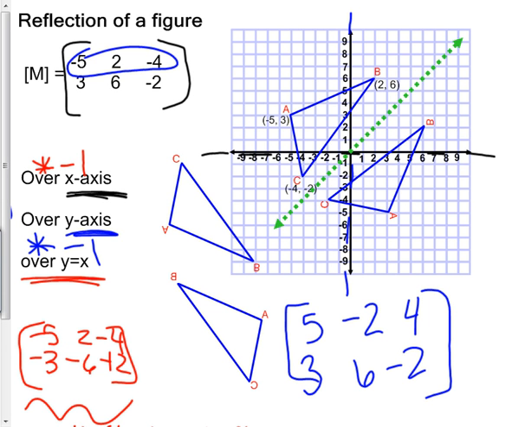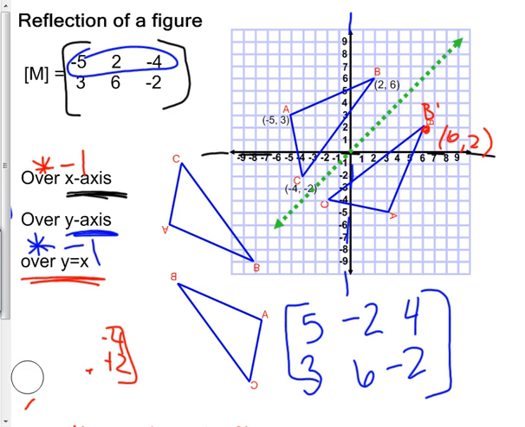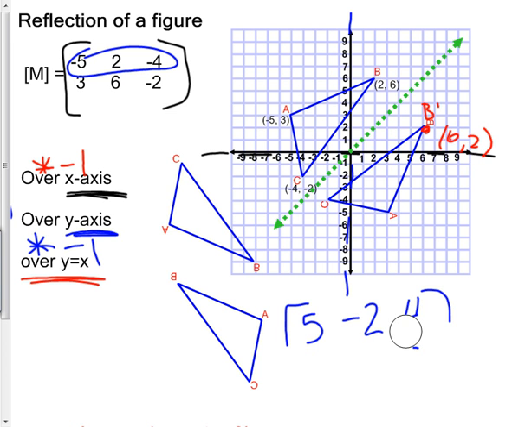So let's look at the points. That B point, B prime, is now 6, 2. What do you notice when comparing those numbers? They flip. So a reflection over the line y equals x is you flip them. So that matrix, if we took our original matrix, and let's say we didn't even want to draw it, we just wanted to look at our matrix and say, what would it look like reflecting it over the line y equals x?